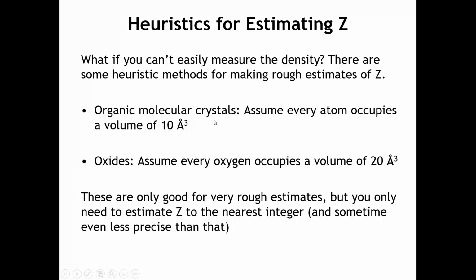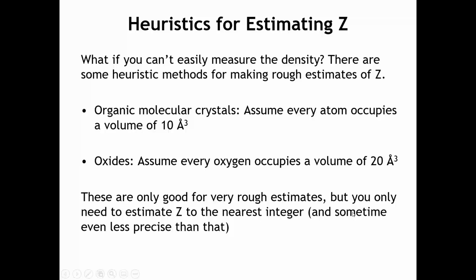A couple of ones that are useful: when you're working with organic molecular crystals, we could assume that every atom occupies a volume of 10 cubic angstroms, every atom including the hydrogens. When we're working with, let's say, ionic materials like oxides, we can make an assumption that every oxygen occupies a volume of 20 cubic angstroms, and then the cations just go into the voids between those oxygens.